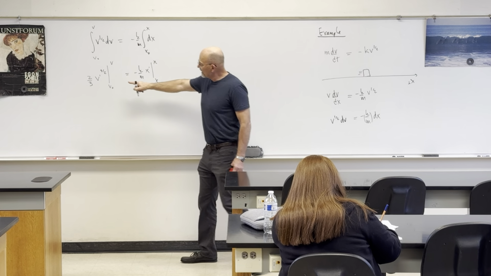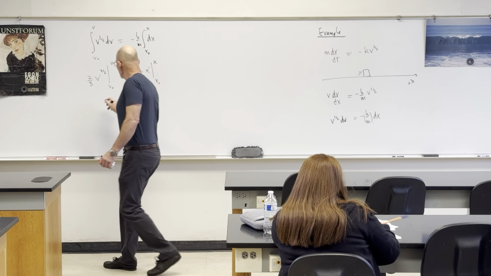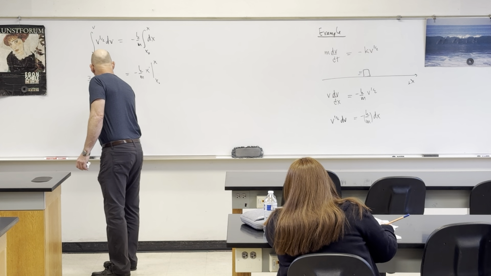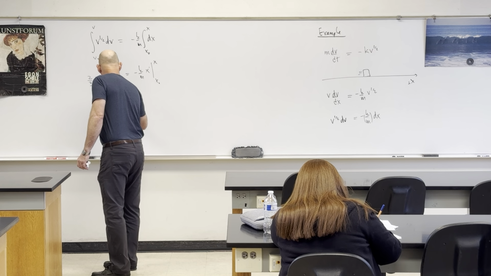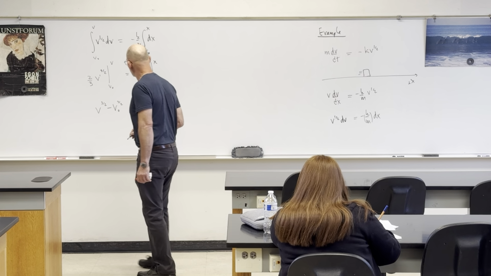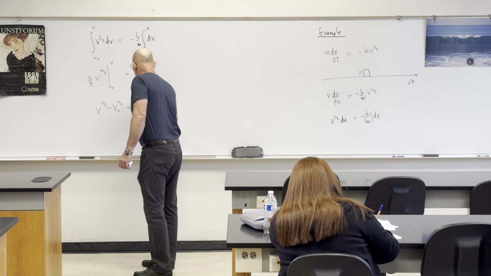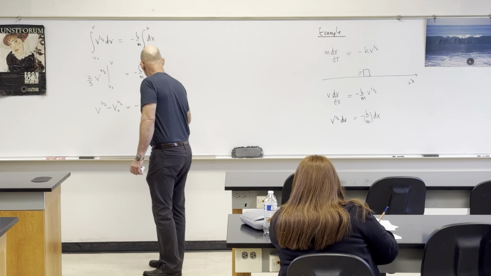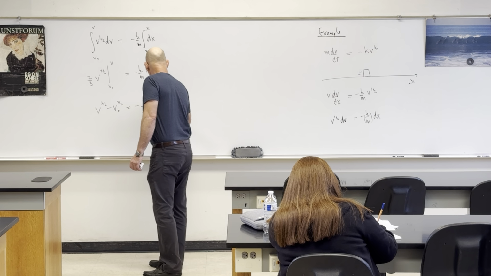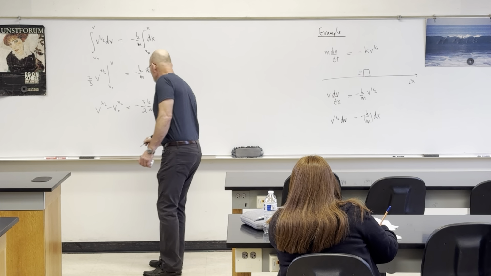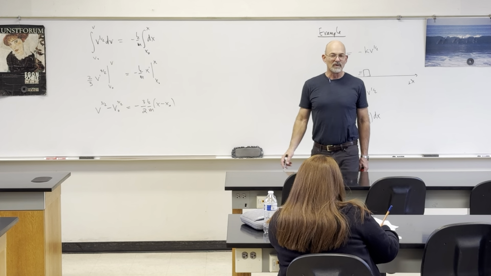I'm going to go ahead and multiply both sides by 3/2, just to simplify that, and I'm going to get v to the 3/2 minus v0 to the 3/2 equals negative 3/2 k over m, x minus x naught. Yeah, so that looks a little unusual.